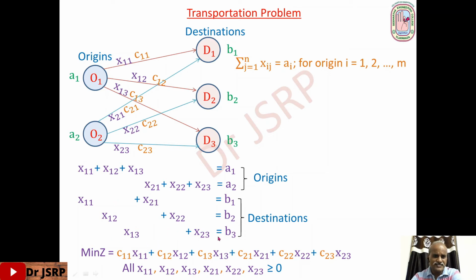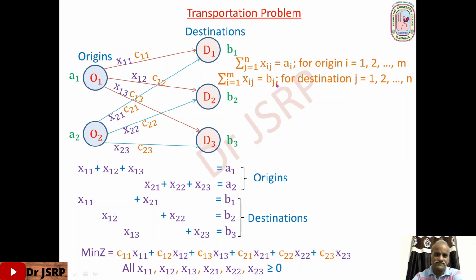So we can write these 3 constraints as sigma, first suffix varies, i equal to 1 to m. Suppose there are m origins. Sigma i equal to 1 to m, xij equal to bj. Since here second suffix is fixed, here also we have second suffix 2, 2, 2. Okay. So sigma i equal to 1 to m, xij equal to bj.